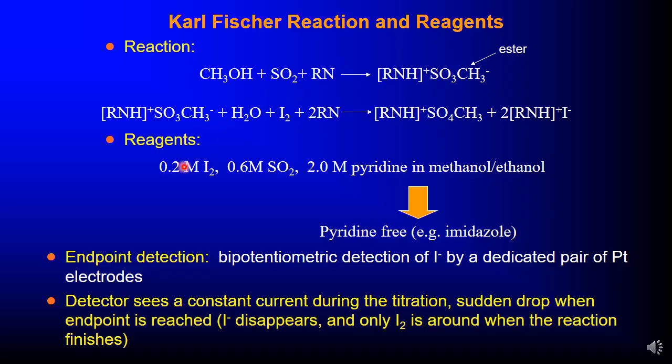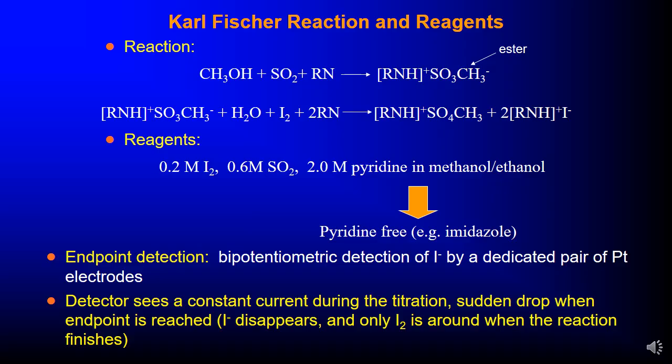So you can see some of the reagents: 2 molar pyridine in methanol, then here 0.6 molar sulfur dioxide, and then we also have iodide.